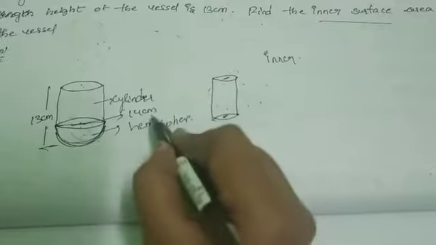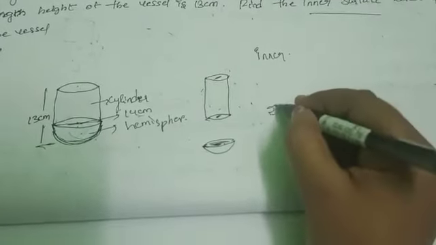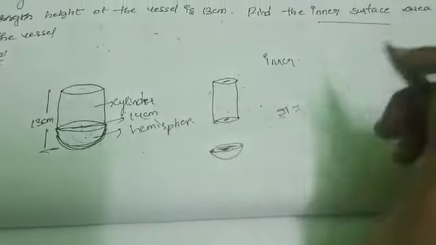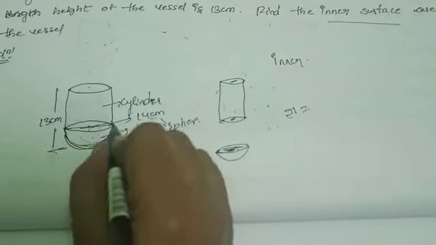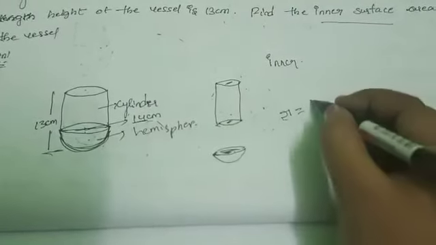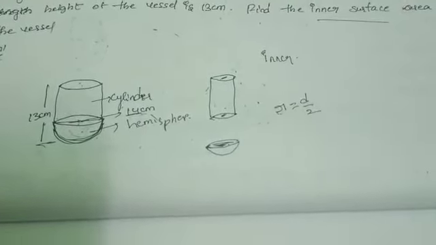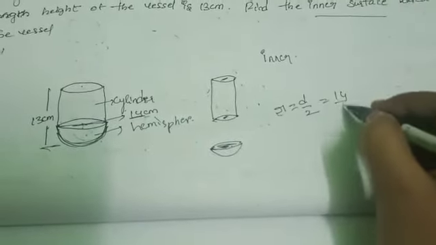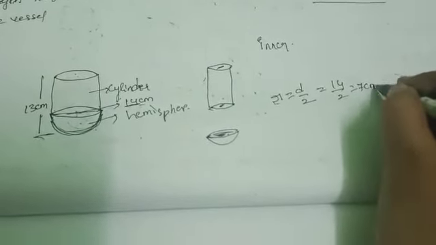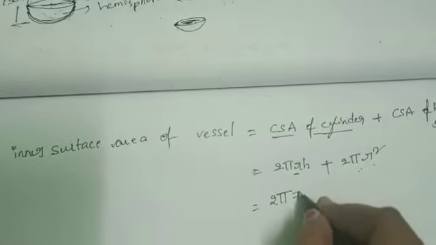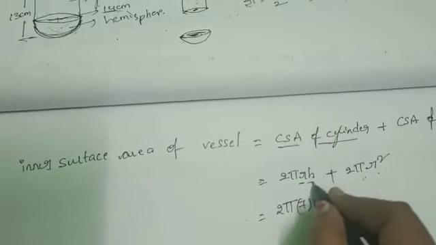R is the radius of the cylinder. Diameter equal to 14. Radius equal to diameter by 2. 14 by 2 is 7 centimeters. And h value.